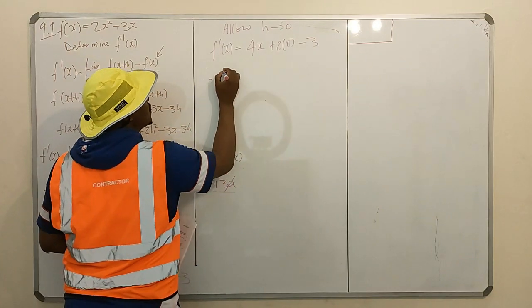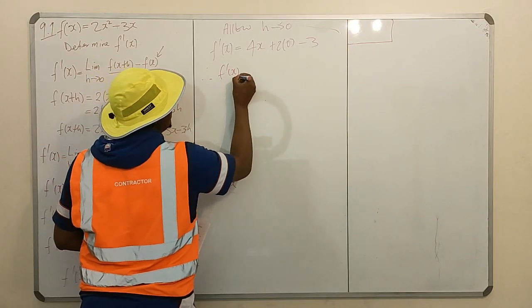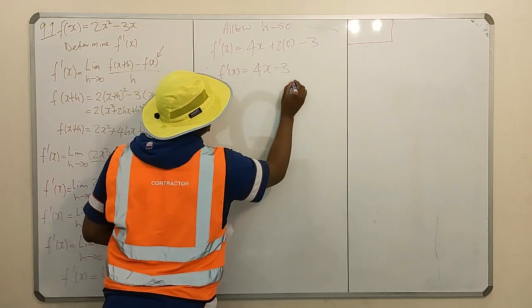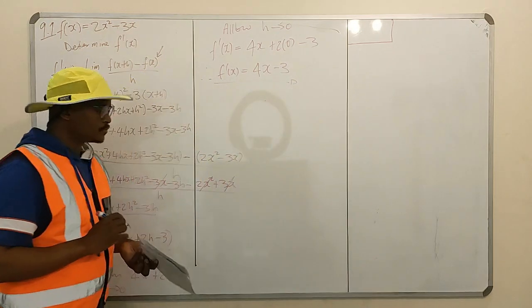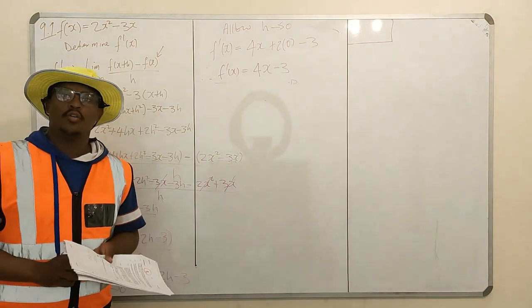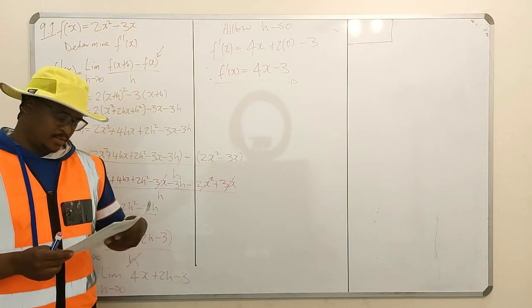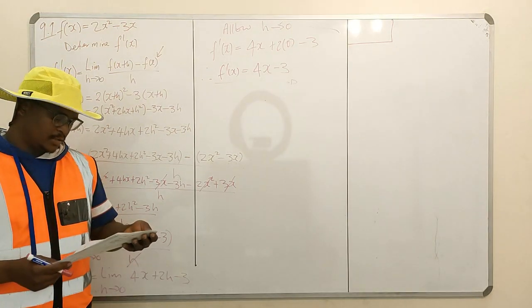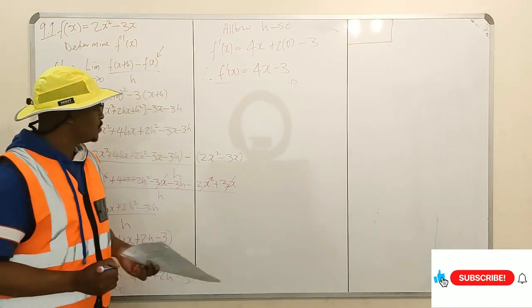Therefore, f prime at x is equal to 4x minus 3. That's your derivative from first principles, which is using the definition. So you're done with this part.